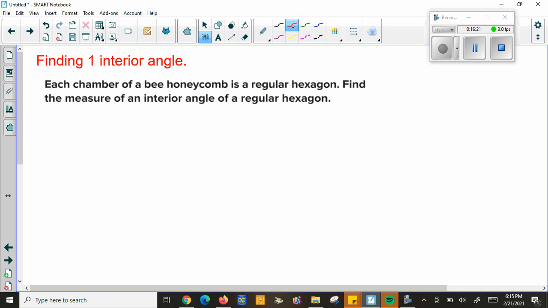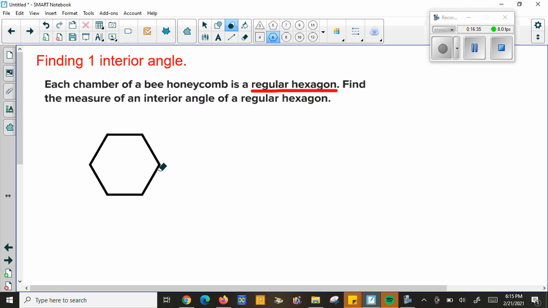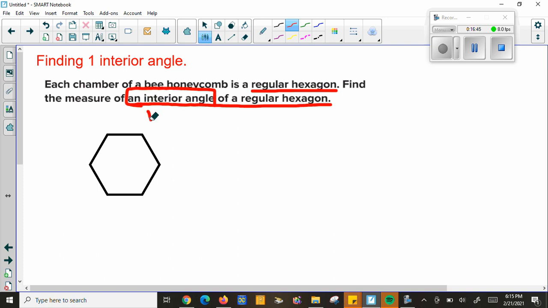This states that each chamber of a bee honeycomb is a regular hexagon. Find the measure of an interior angle. This means one interior angle. With a hexagon, n is equal to 6.